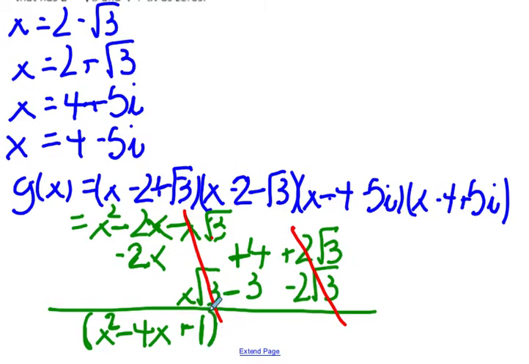But we do still have these other two parentheses up here. So we have x minus 4 minus 5i.